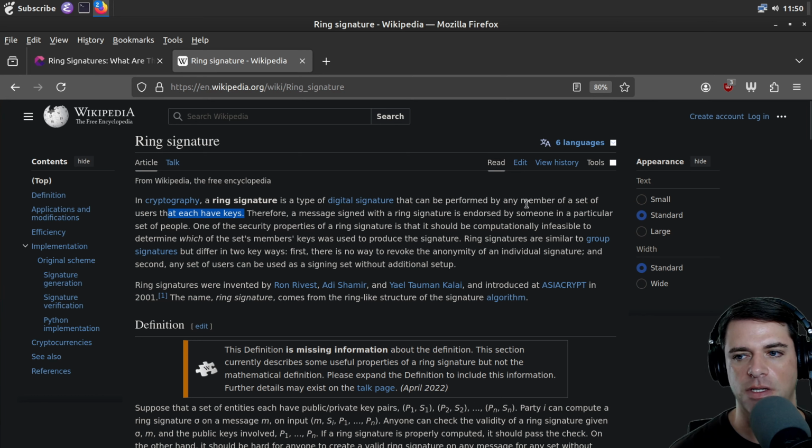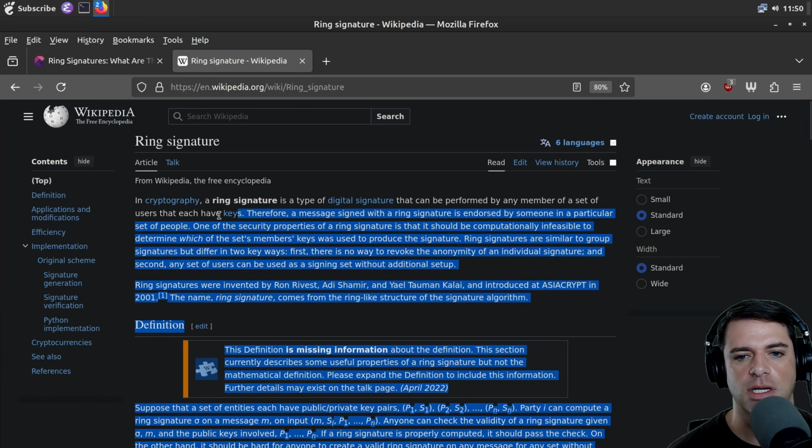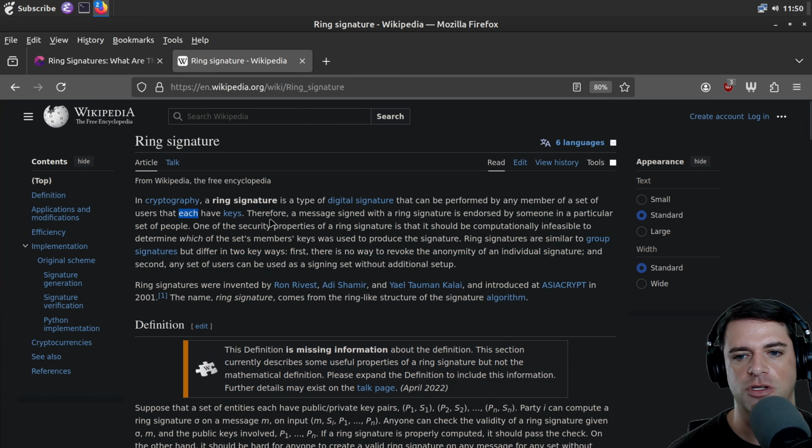So the setup is that we have a group of users, a set, if you will, and it can be performed by any member of the set. So I guess it's like a one of n signature, multi-signature thing. Anyone who has the keys, it sounds like, can perform the signature.